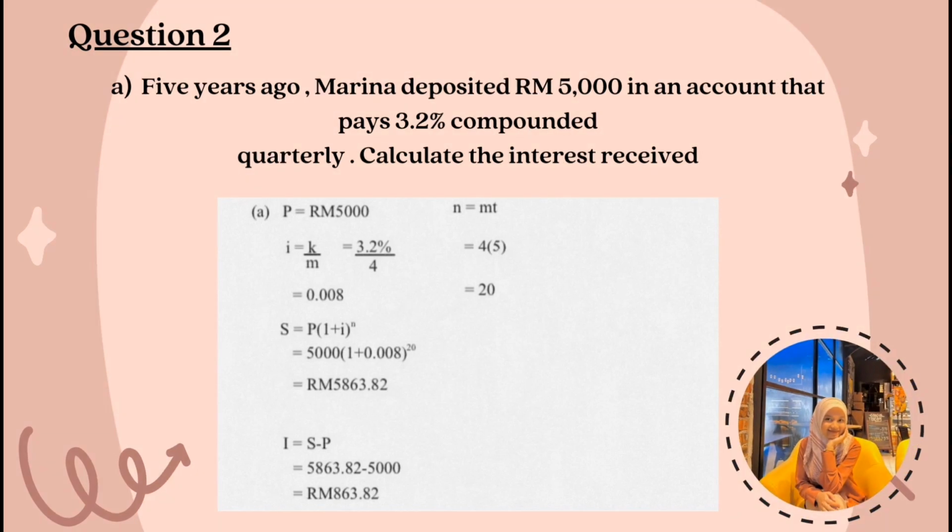S equals P(1 plus i) to the power of n equals 5,000(1 plus 0.008) to the power of 20. S is RM5,863 and 82 cents.